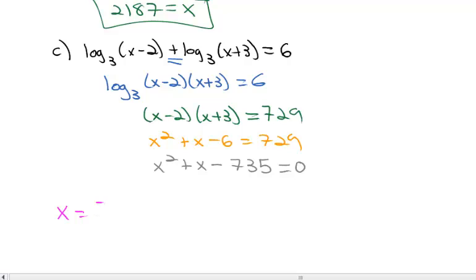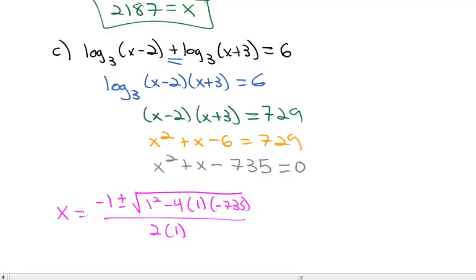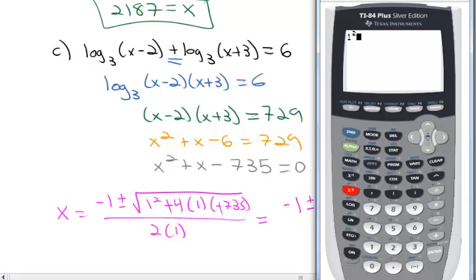So x is equal to the opposite of b plus or minus the square root of b squared minus 4ac all over 2a. Remember, the two negatives make a positive, so we've got negative 1 plus or minus the square root of 1 squared plus 4 times 1 times 735.